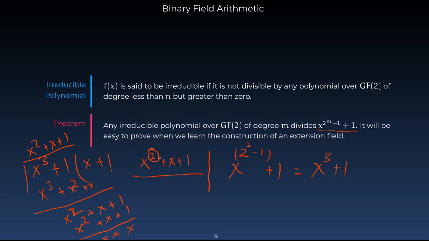So in that sense it is actually dividing x cube plus 1. Similarly, an irreducible polynomial of degree 3, x cube plus x plus 1, will divide x to the power 2^3, which is 8, minus 1, so 7, plus 1. So this must divide this, and this is homework. You can verify that it is actually dividing.